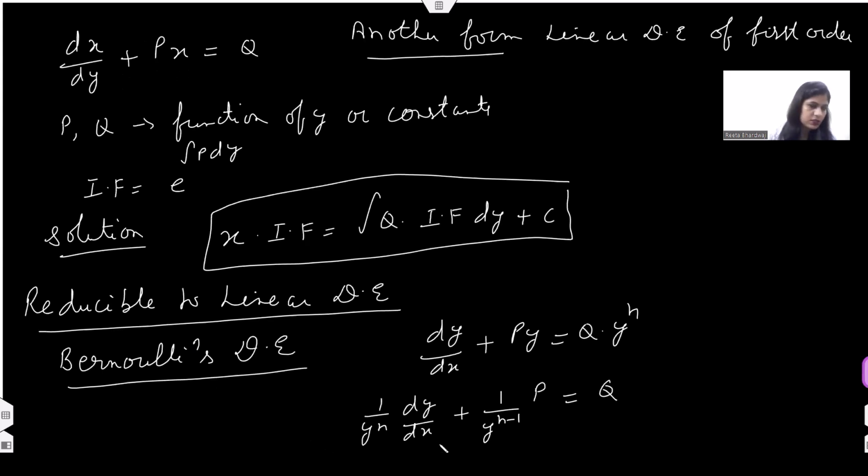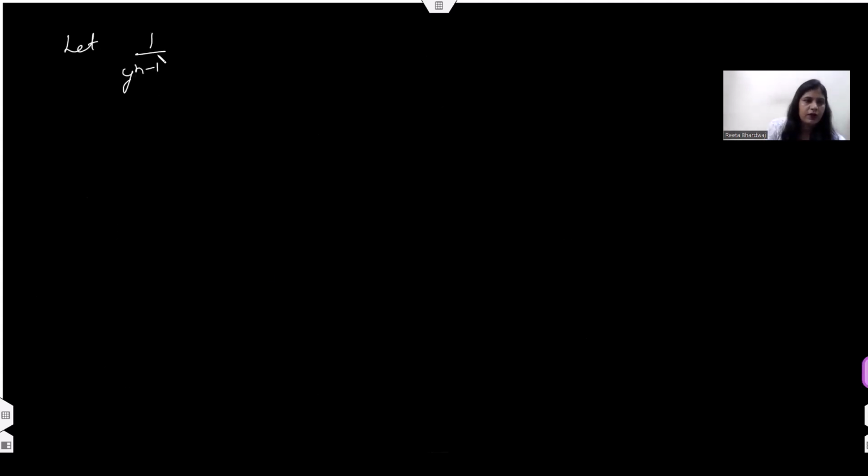So the substitution: we can substitute 1 upon y raised to power n minus 1 as t. That means y raised to power 1 minus n, we can say this is t.